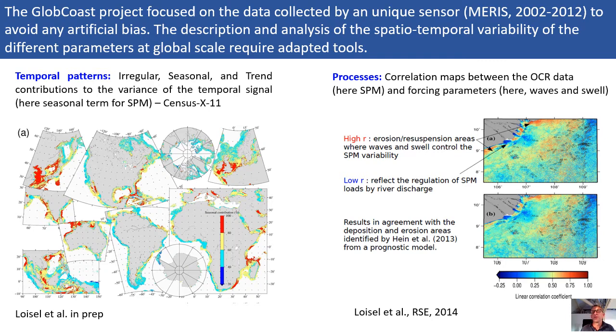Correlation maps between the different products and forcing parameters are used to identify the processes at the origin of this variability.